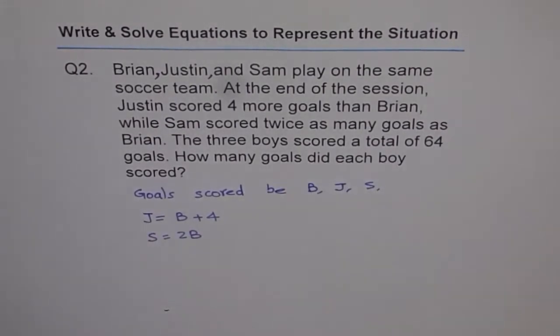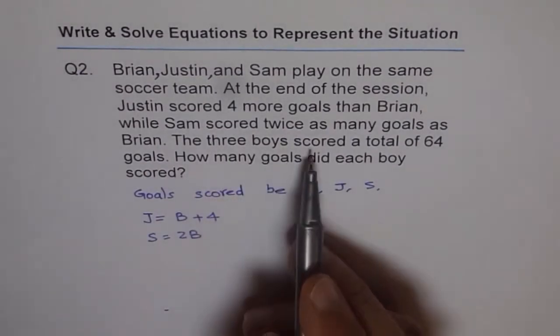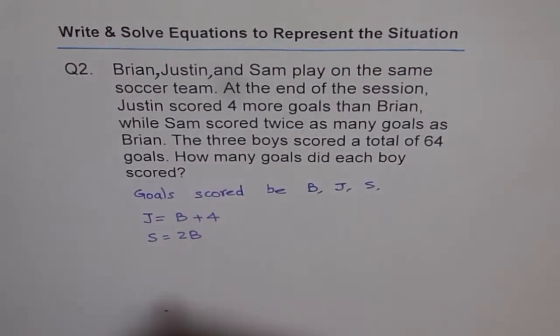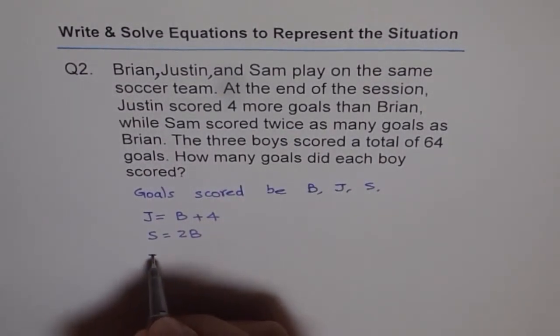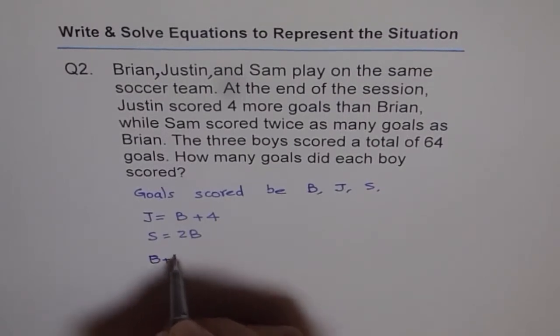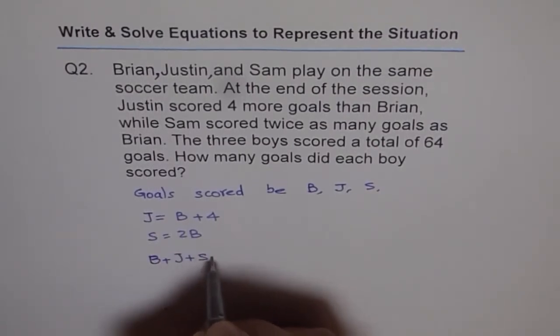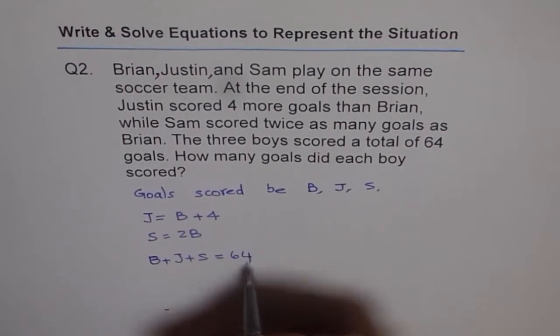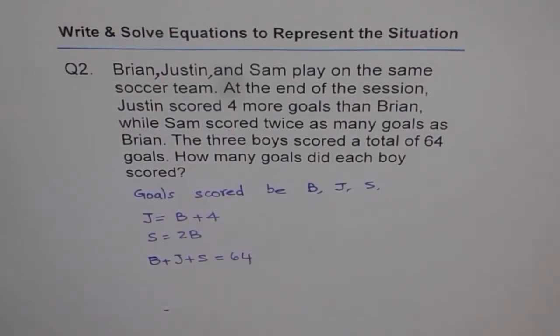So that is a kind of relation, right? The 3 boys scored a total of 64. That means B plus J plus S equals 64. So these are the equations which we have generated. So we've got 3 equations and 3 variables. You can always solve, okay? So for 3 variables, you need 3 equations.